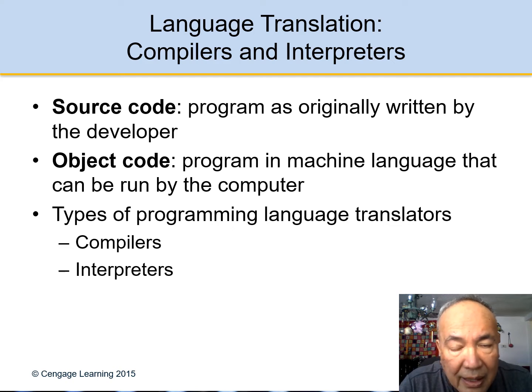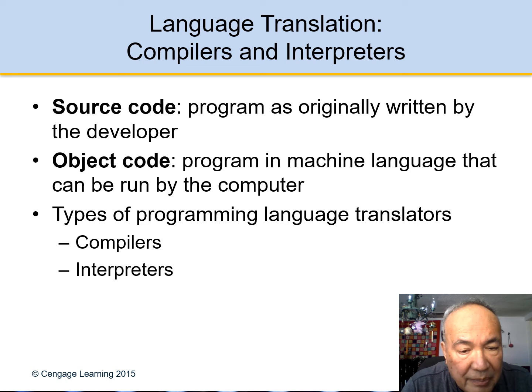Okay, so you have the high level language like object oriented language, and the computer cannot understand that, so it has to be translated by a compiler, like a translator to the machine language. So the source code is the program as originally written by the developer, and then the object code in the machine language can be run by the computer.